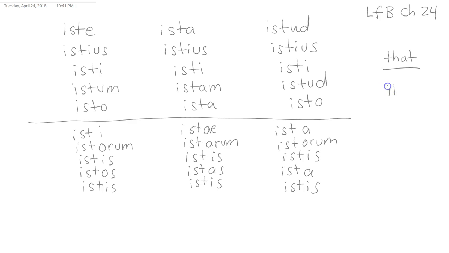So we have ille and we have iste, and they both mean that. But more specifically, one of them means that over there, and the other one means that one near you. All right?